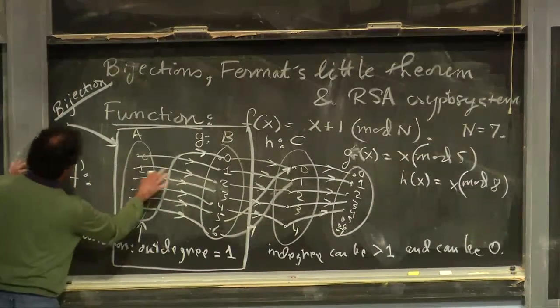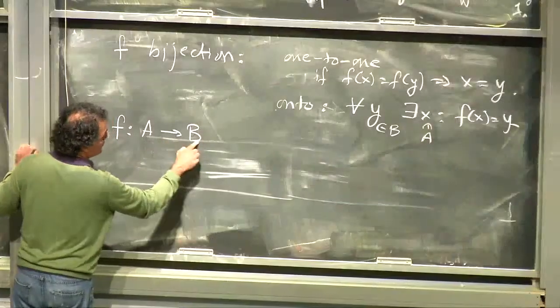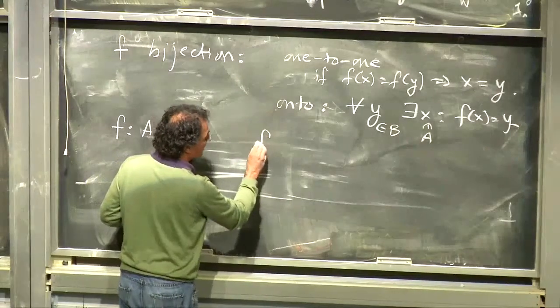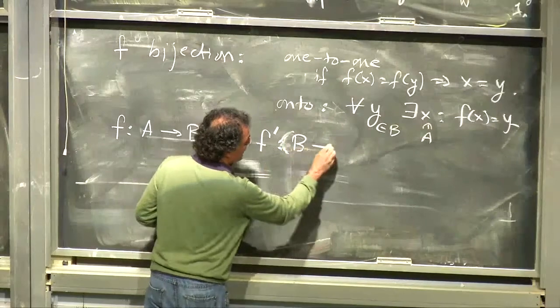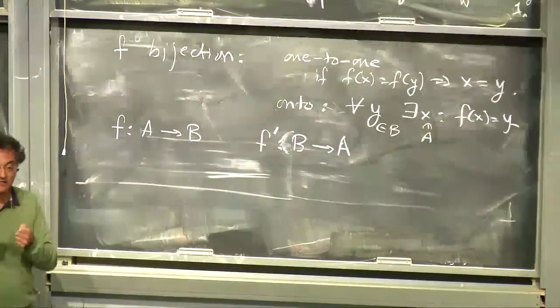So if you have a map, f is a bijection means f maps A to B is a bijection, means that there's also a function f prime which maps B back to A. And it has the property that it undoes what f does.